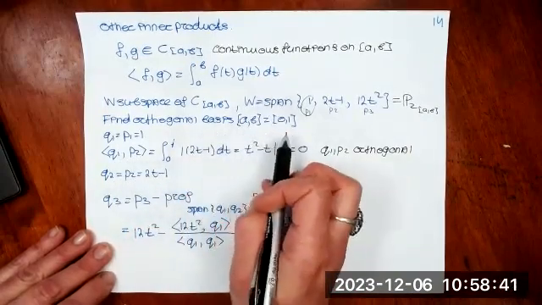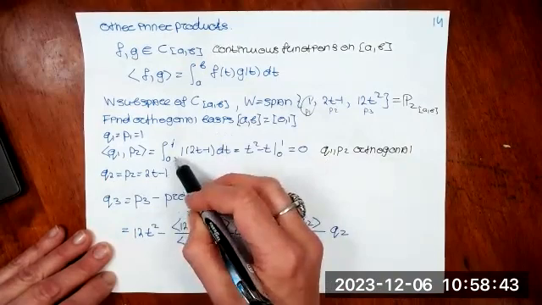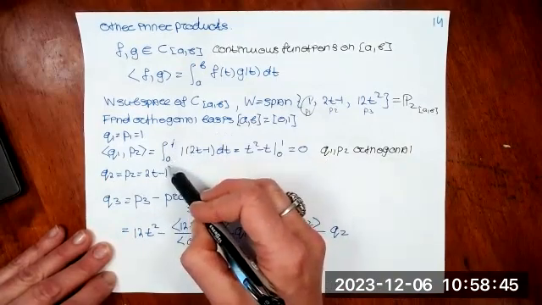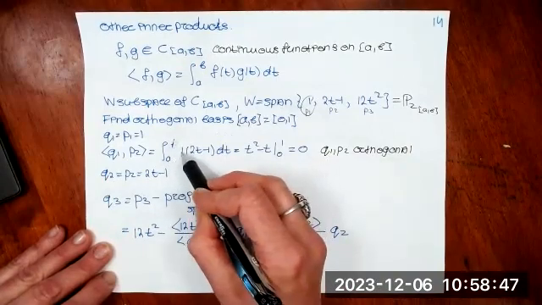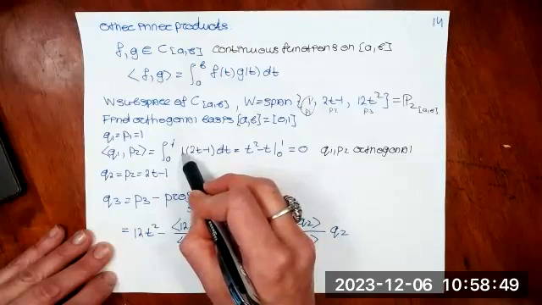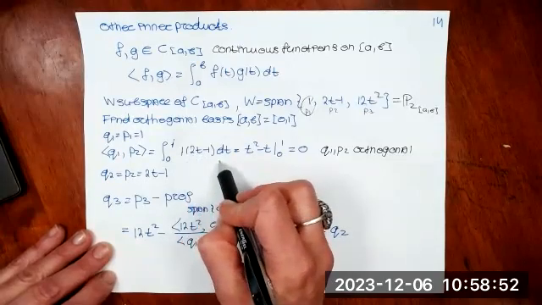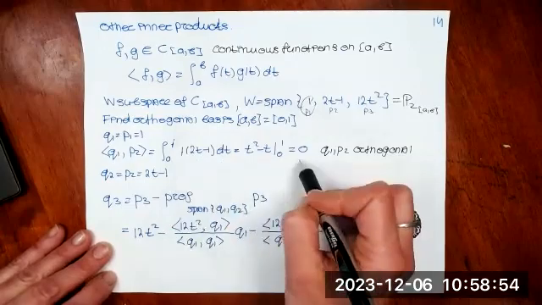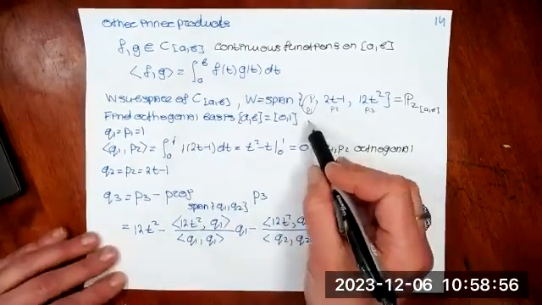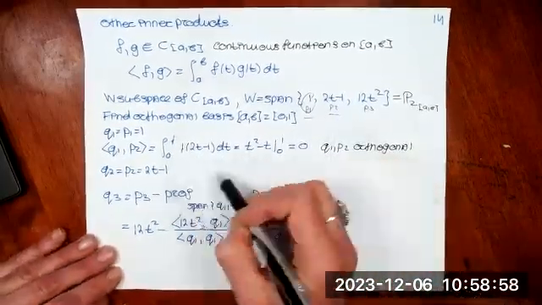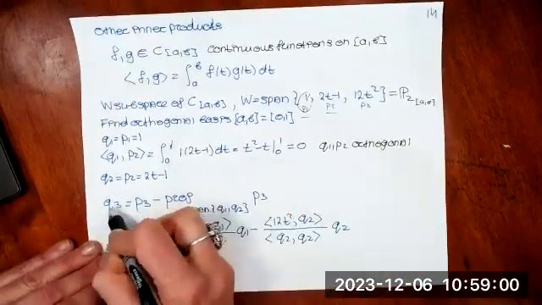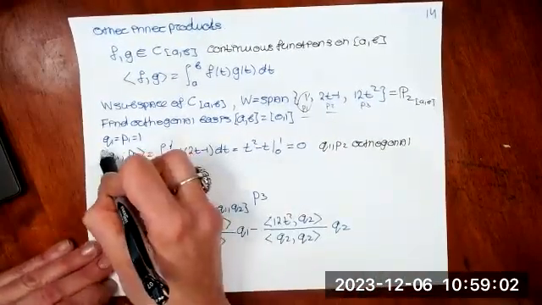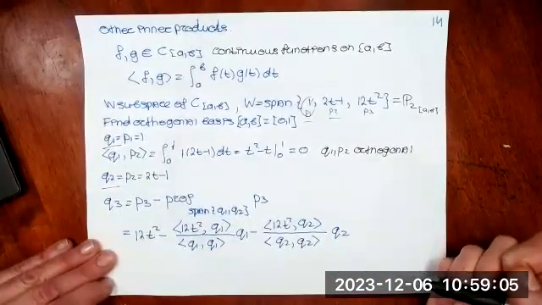If I'm using the interval from 0 to 1, my inner product is the integral from 0 to 1 of P1 equals 1 times P2 equals 2t minus 1. You integrate that, you get 0. So this one and that one are already orthogonal with respect to that inner product, and I can take my second vector to be the same as P2.